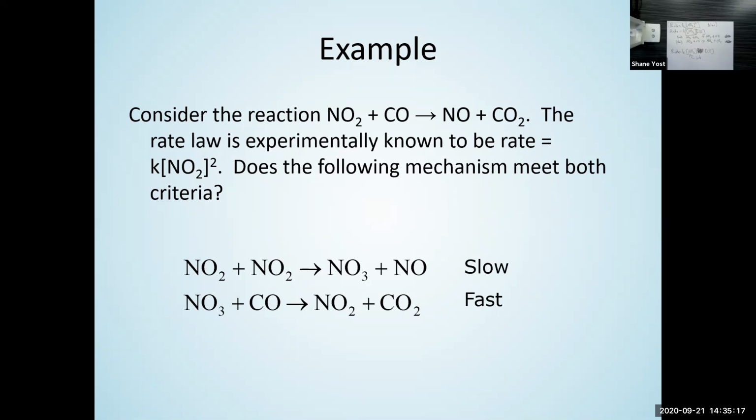You'd be given examples like this where the slow step is the first step, because then it doesn't depend on intermediates. An intermediate is never going to be in the very first step, because an intermediate first has to be produced in your reaction mechanism and then later consumed. So you'll just never run into a problem like that.